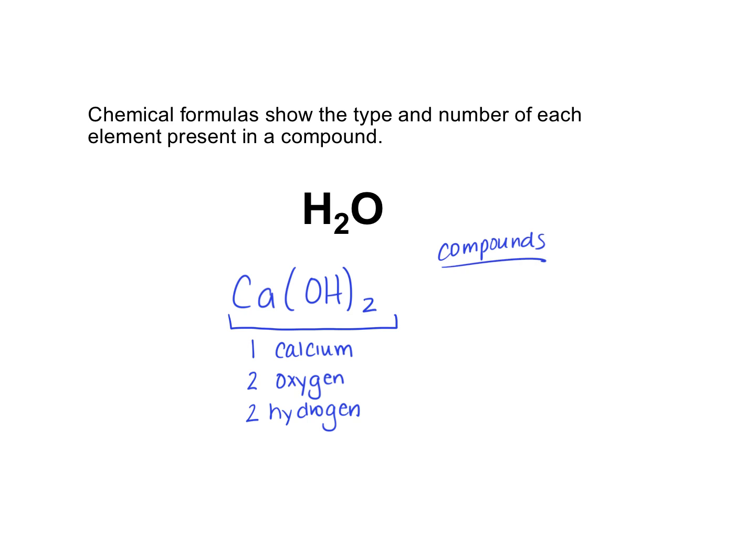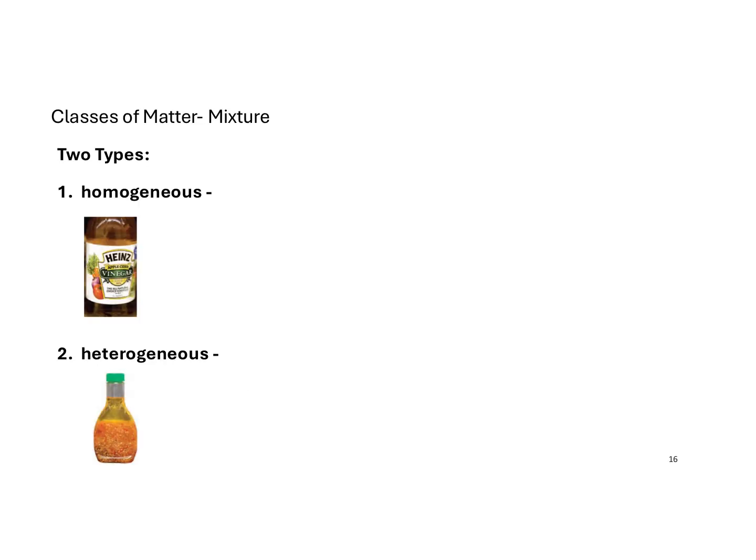Okay, so let's take a look at mixtures. In mixtures, we have 2 kinds of classes: homogeneous and heterogeneous. A mixture is just a combination of 2 or more pure substances.